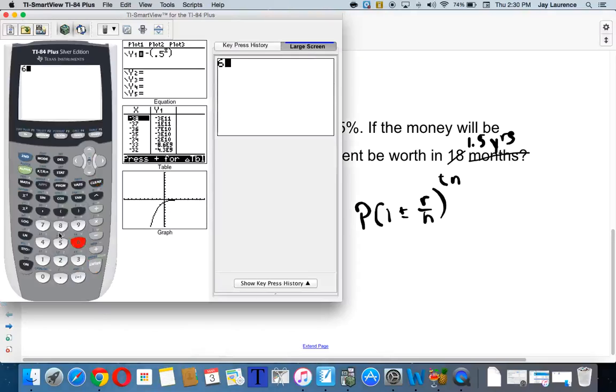And I'm going to do 600 times a quantity of 1 plus, and I can go 0.015, and then I'm going to divide that by 4.